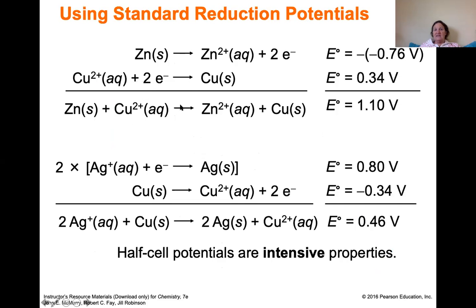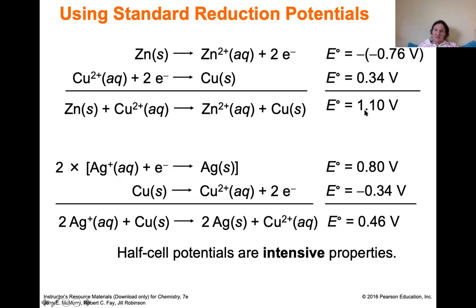But the way we set up our cell, the zinc is being oxidized. So we take the negative 0.76 out of the table, but we have to change the sign because in our cell, we're choosing this to be an oxidation process. You have to change the sign from reduction to oxidation if that's how your cell's set up.